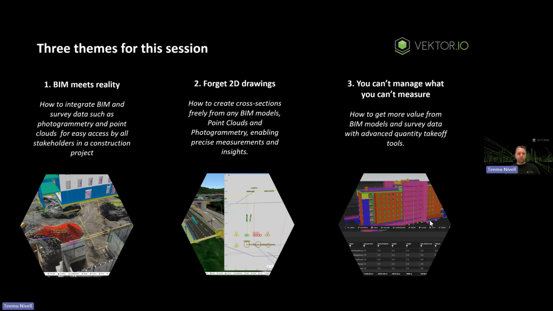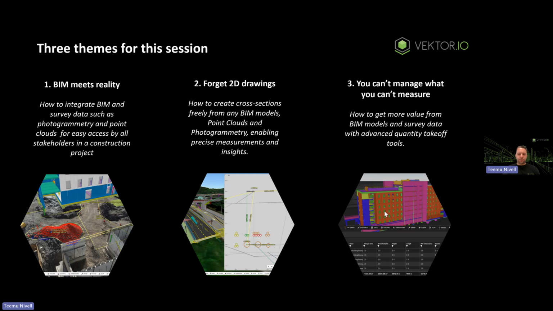How to cut cross-sections anywhere from BIM, point clouds, or photogrammetry, seeing 2D and 3D together and sharing results instantly with other users. And third, last but not least, you can't manage what you can't measure. How to turn those visuals into numbers, with quantity takeoffs available to the whole team, not just for the specialist.